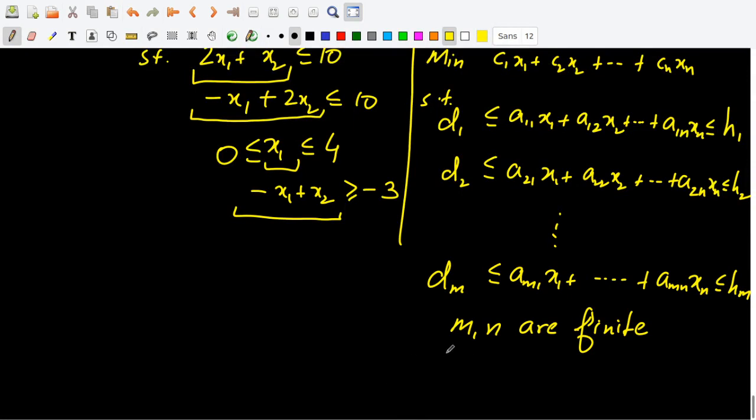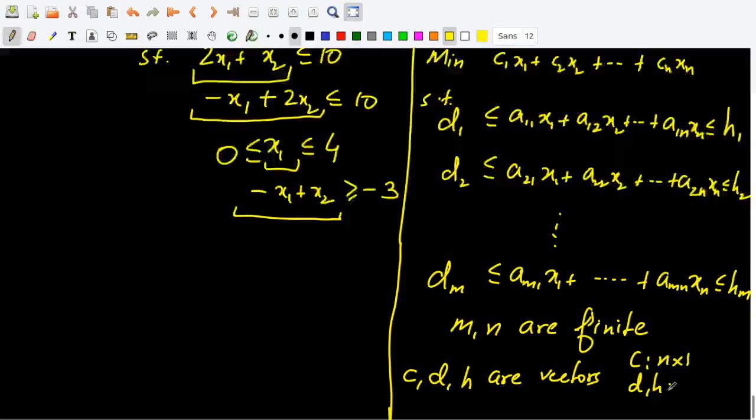So here C, D and H are vectors. C is of size n cross 1.